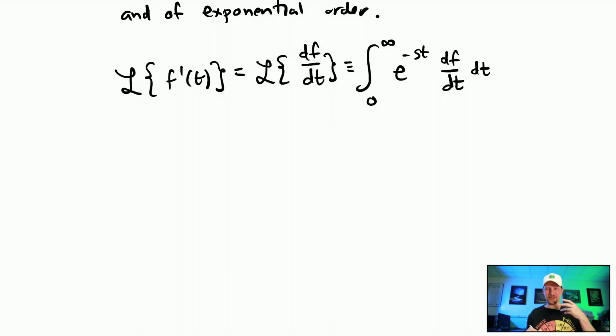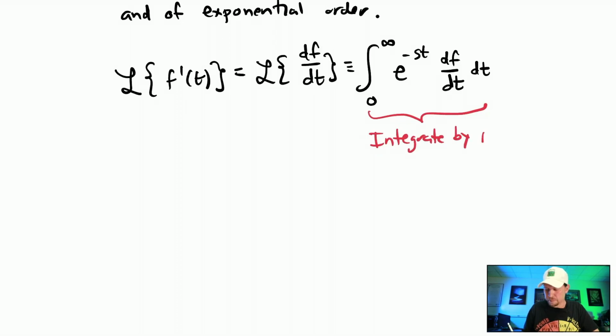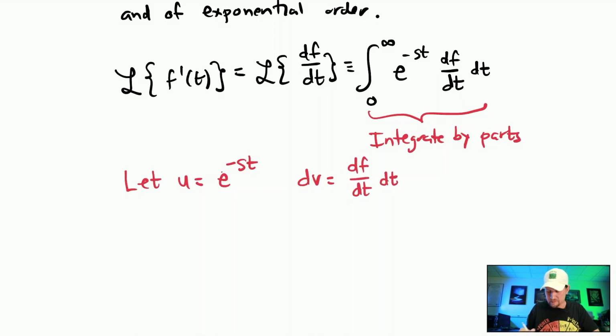Now, some of the previous tricks that we used in finding various Laplace transforms of functions included integration by parts, and that's exactly what we're going to do here. As a trick, we're going to integrate by parts. In this integration by parts, I'm going to let u equal e to the minus st, and dv be df dt dt.